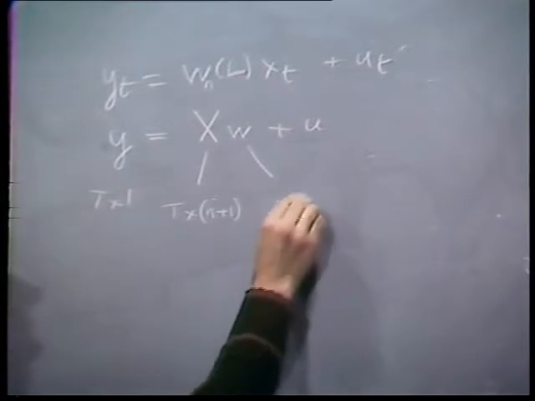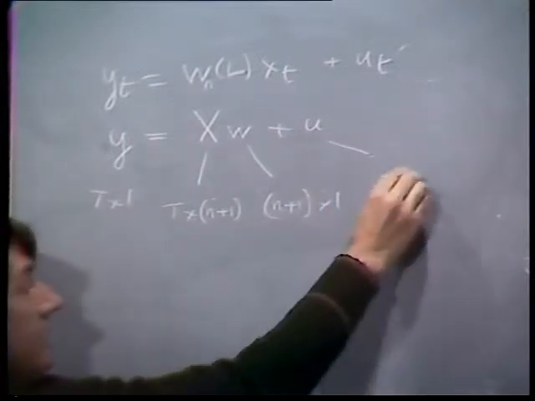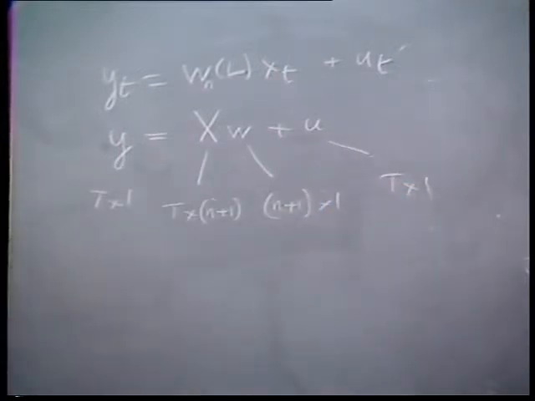W is n plus 1 by 1, the coefficients from that polynomial, and obviously the errors are T by 1.